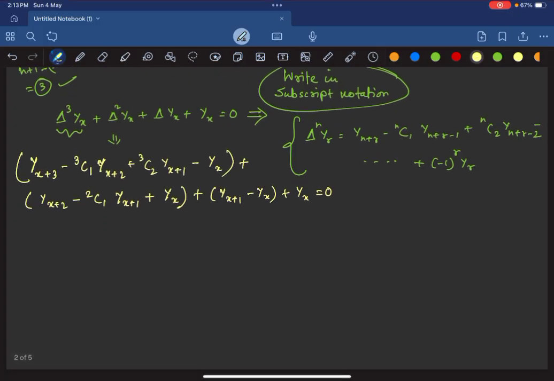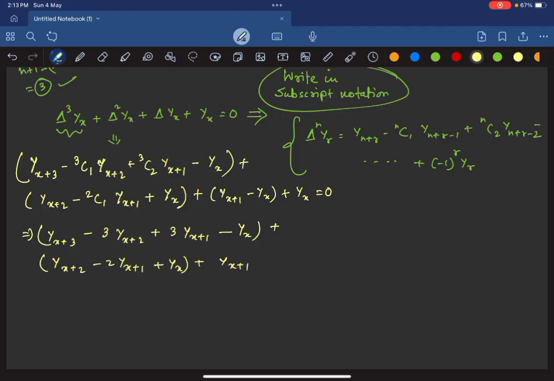So now we just need to simplify, that is y(x+3) minus 3C1, so 3 y(x+2) plus 3C2, 3 y(x+1) minus y(x) plus y(x+2) minus 2 y(x+1) plus y(x) plus y(x+1), here it gets cancelled.